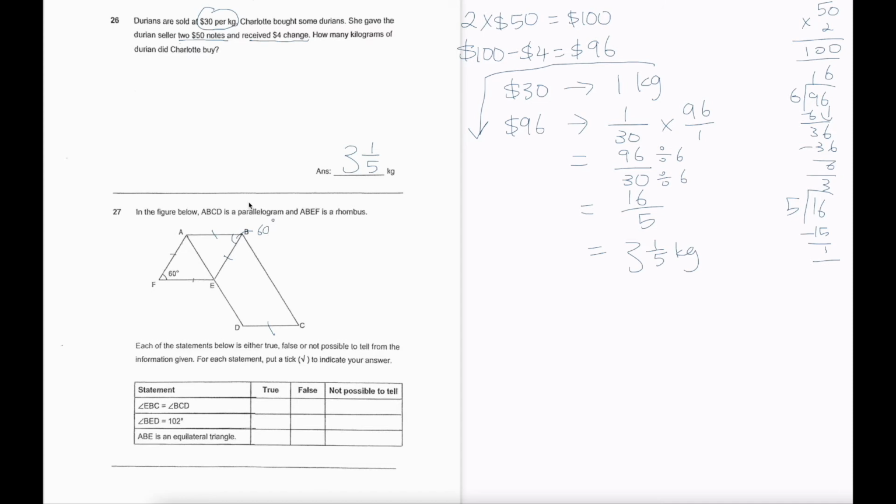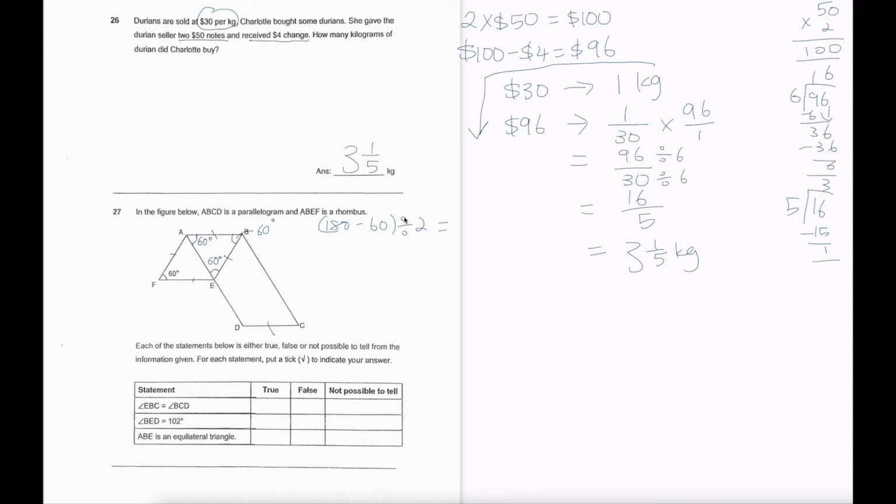Okay, and then since AB equals BE, this is an isosceles triangle. And since this is 60 degrees, this makes all of them 60 degrees. I'm going to show you how I get the 60 degrees. I'll take 180 minus 60 divided by 2.